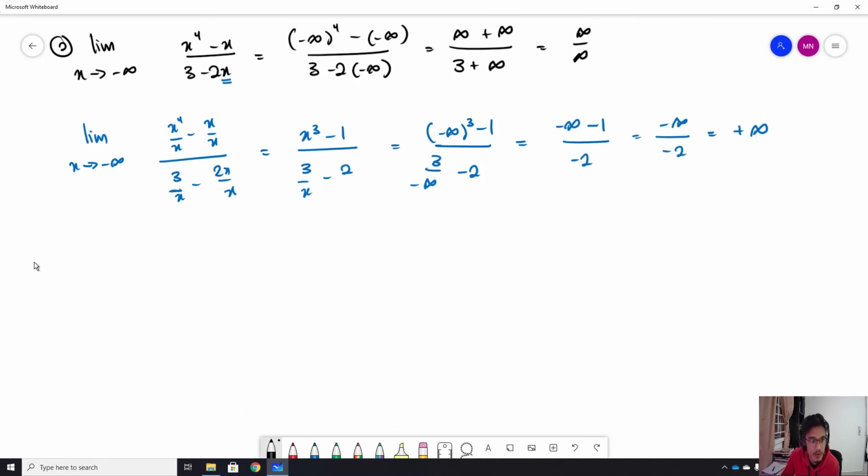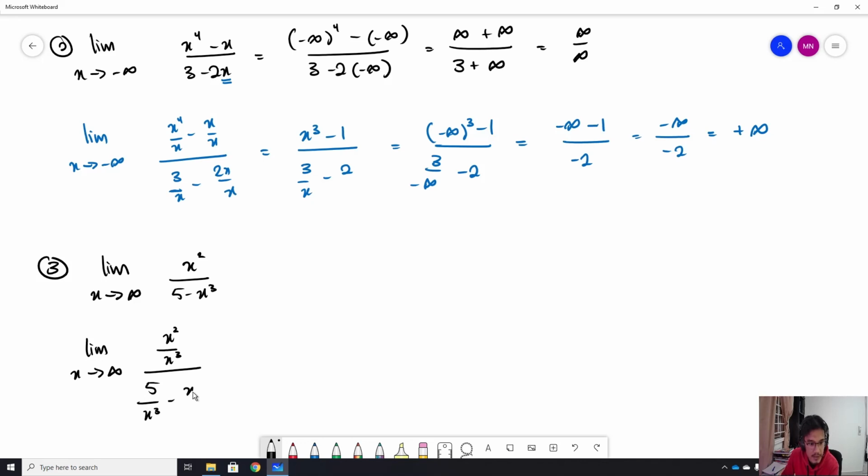So now for number 3, example number 3 is limit x approaching infinity of function x square over 5 minus x power of 3. So limit x approaching infinity is x square over x power of 3 over 5 over x power of 3 minus x power of 3 over x power of 3.